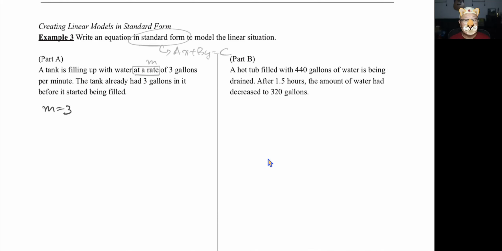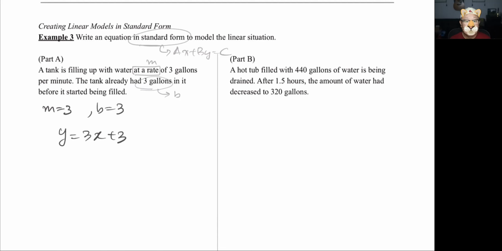What is a similar idea that we learned in the past? If you're saying initial value, you're correct. This is the initial value, so this must be the y-intercept b. So b is equal to 3. So in this particular case, we have y equals 3x plus 3. And if you wanted to, basically we're done, right?